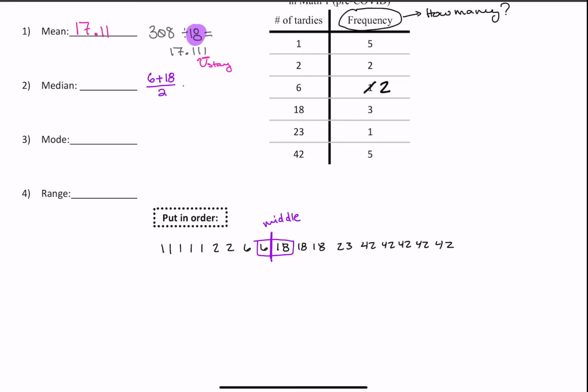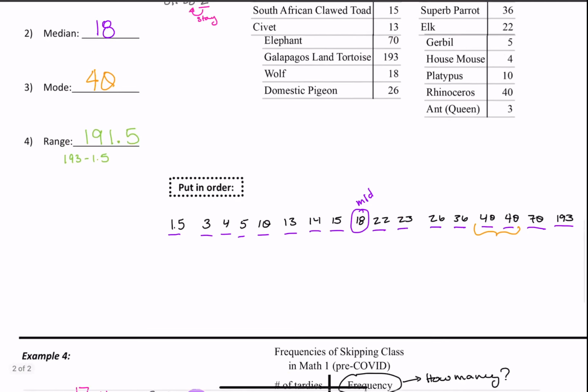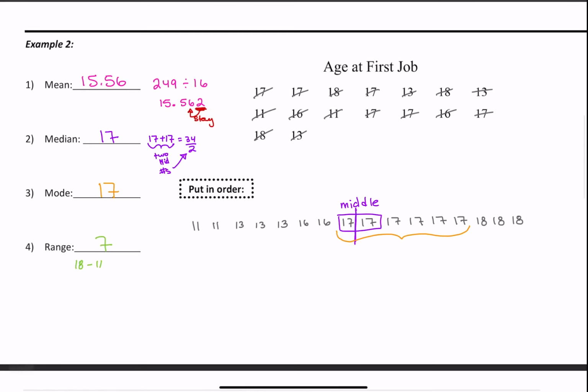Now, 6 plus 18 I know is 24, so I do 24 divided by 2, which means my median is 12. So really, my middle number is 12. Is that in my list? No, it is not. But that is the average of our middle two numbers, okay? So again, like I said, it is not always going to be all nice like it was in example 2, okay?